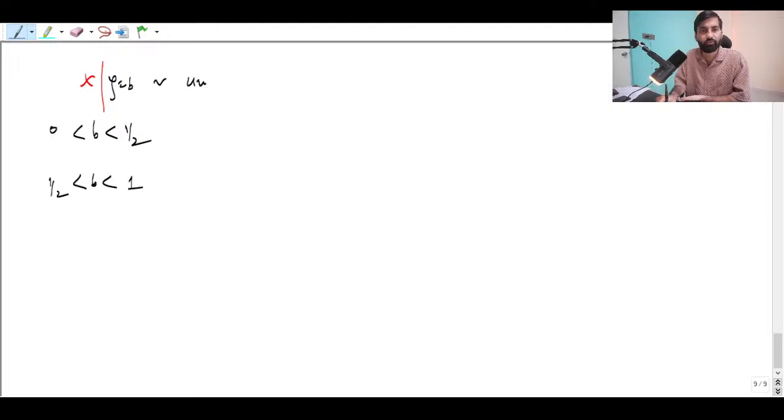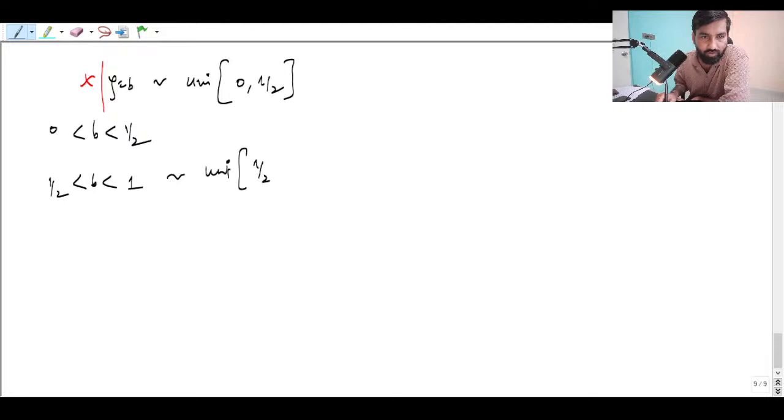So here it is going to be uniform. If Y takes the value between 0 to 1 by 2, I think this is clear, right? So this guy will be between 0 to 1 by 2, and then for this it is going to be uniform between 1 by 2 to 1.